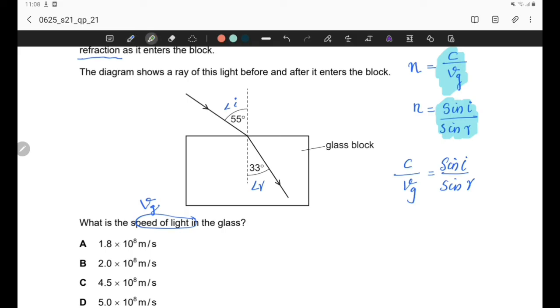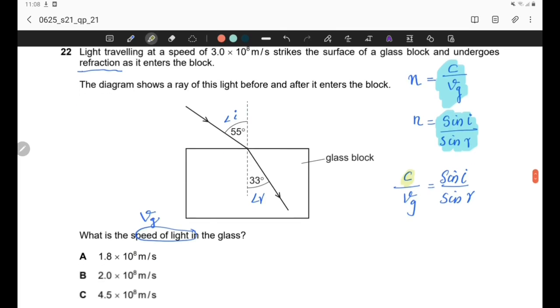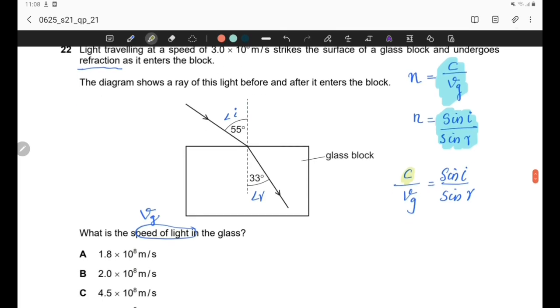In this question we are provided with the speed of light in air, the angle of incidence and the angle of refraction. So we can substitute the values. c is 3 × 10^8 over the speed of light in glass is equal to sine 55 over sine r.